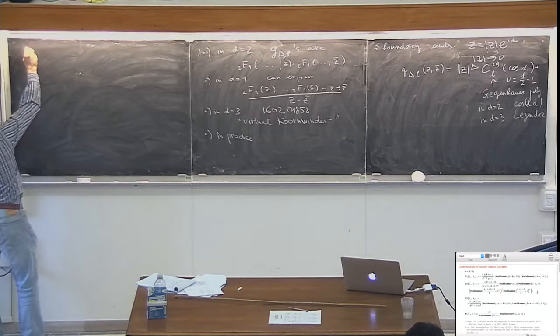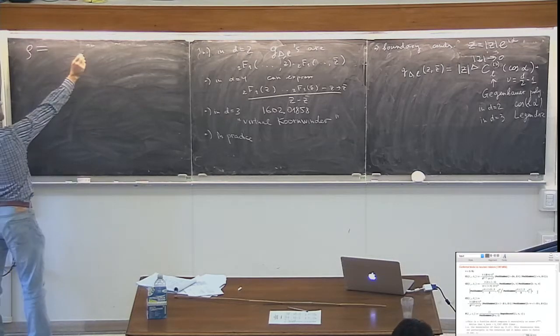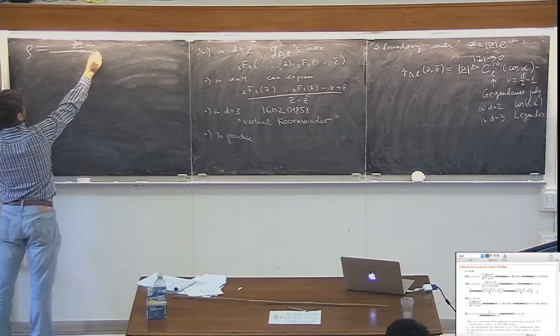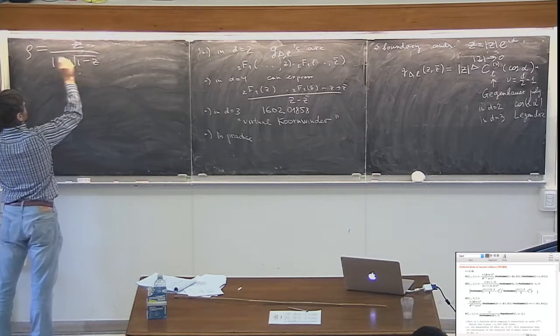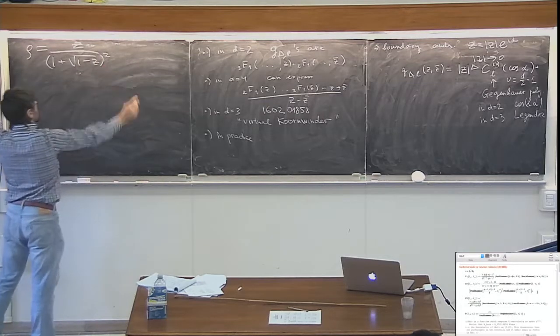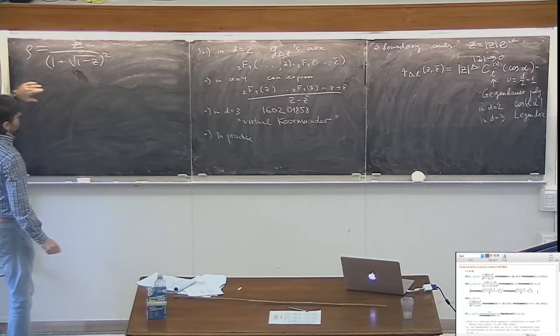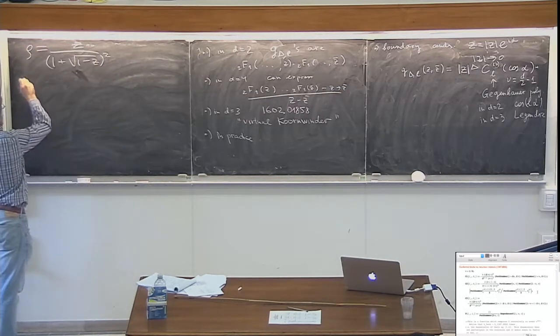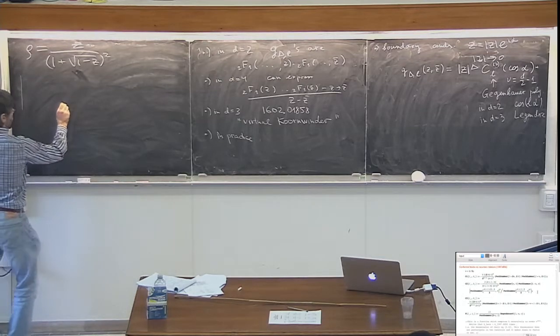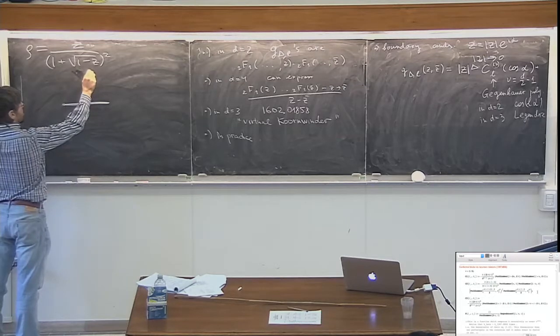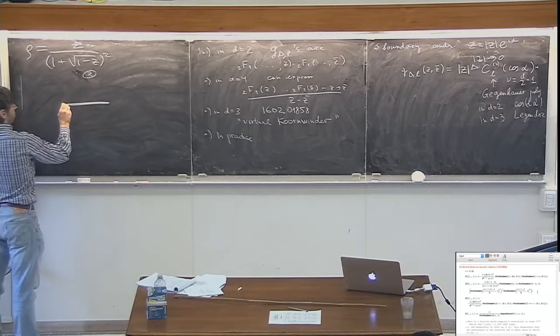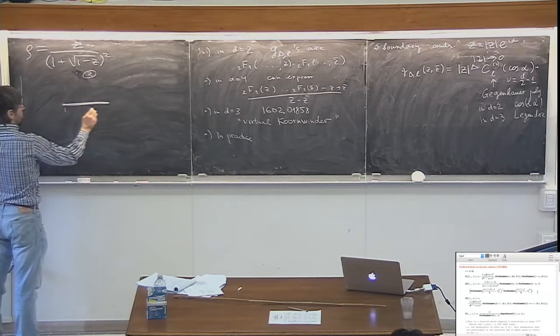There is this coordinate rho, which is equal to z divided by 1 plus square root of 1 minus z squared. The reason why this coordinate is interesting is that, as we said, conformal blocks are defined in this plane of z, where you have a singularity from 1 to plus infinity.